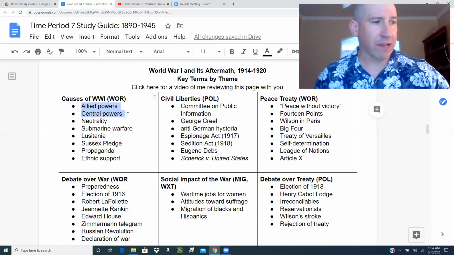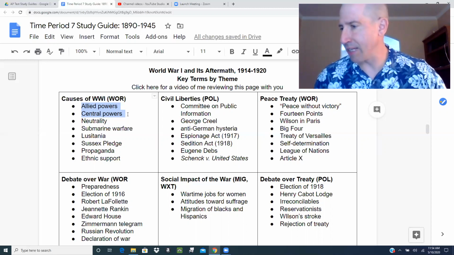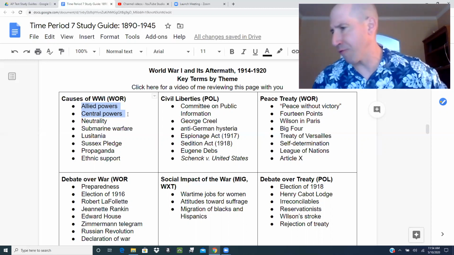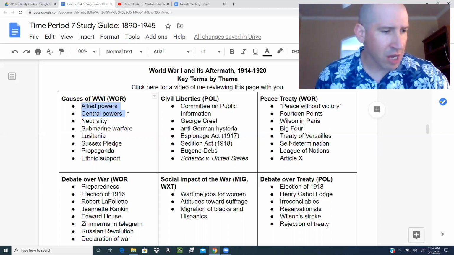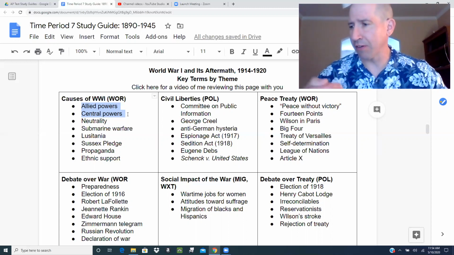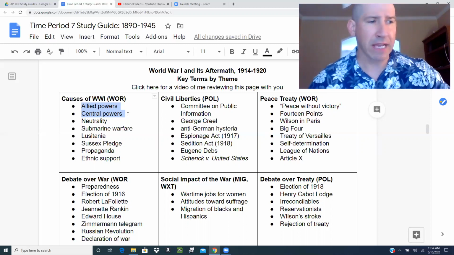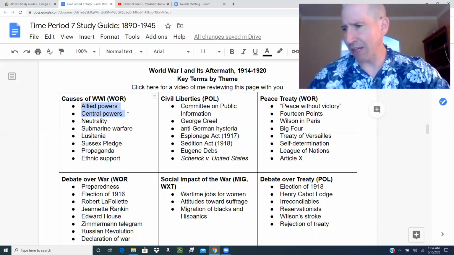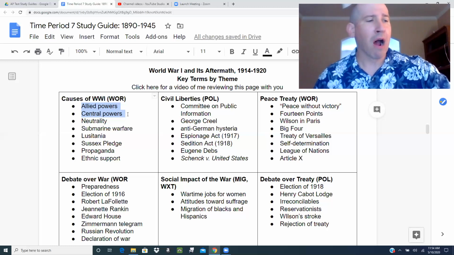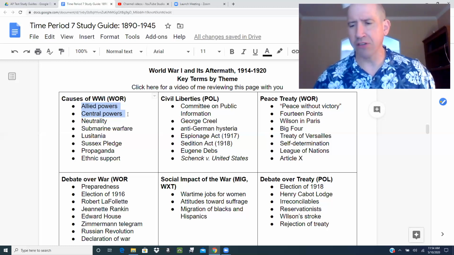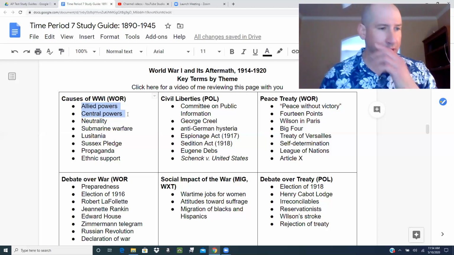And the arms race between Britain and Germany in terms of its navy, and France wanting revenge for the Franco-Prussian War and the loss of Alsace and Lorraine, Germany trying to make a bid for supremacy and challenge Great Britain's colonial empire, Russia wanting to exert greater control in Eastern Europe.